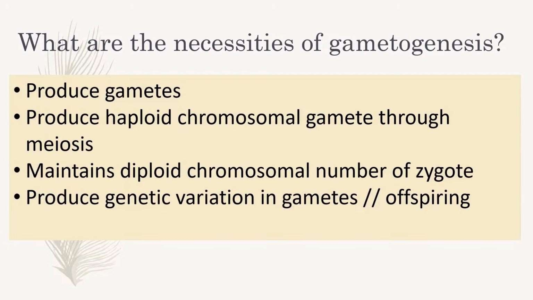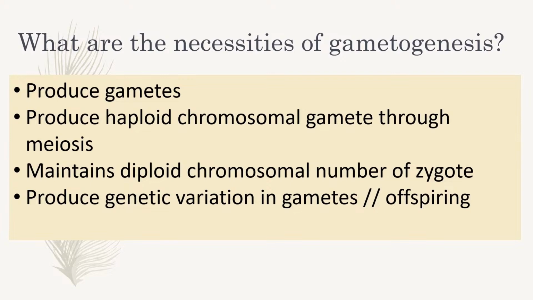This is very important to maintain the diploid chromosomal number of the zygote. And through gametogenesis, you will also produce genetic variation in gametes or offspring. These are the four importance or necessities of gametogenesis.